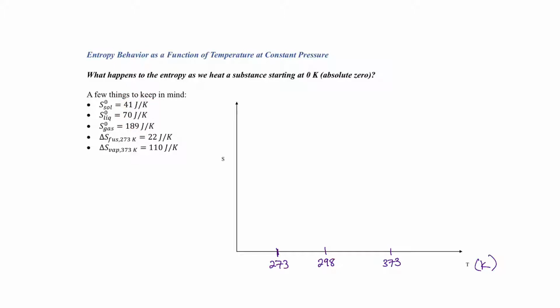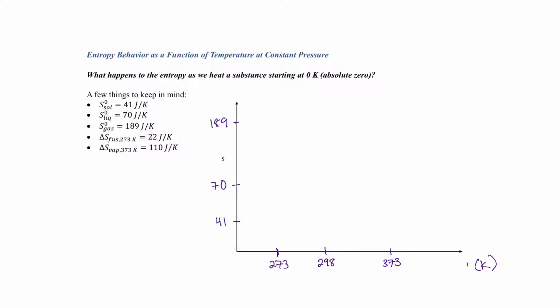So we have our standard entropy values for our solid, liquid, and gas. Okay, so we'll just put those markers in there to start with. So we'll say that's about 41. We'll say we have 70 there, and we'll put 189 up there.